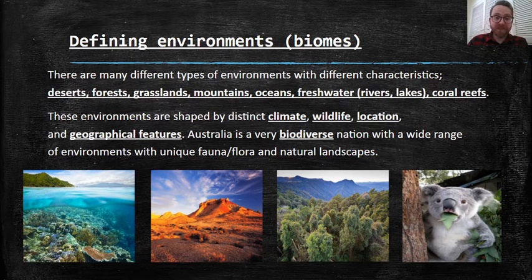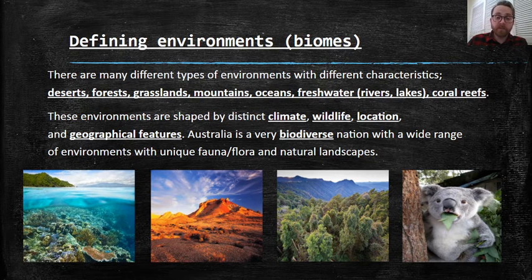They are shaped by a distinct or unique climate, so different levels of rainfall, different temperatures, different winds, wildlife, so different animals and plants, obviously, location, so they're located somewhere on the globe that will impact their environment, and then geographical features like mountains and forests.